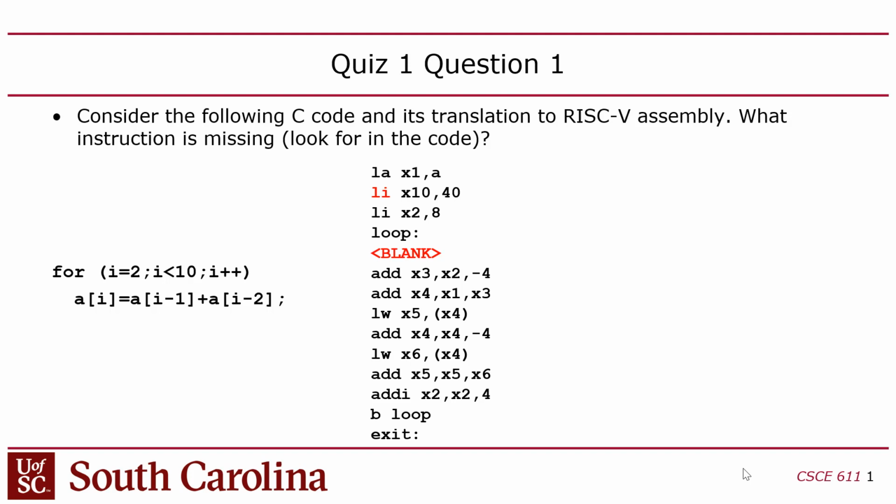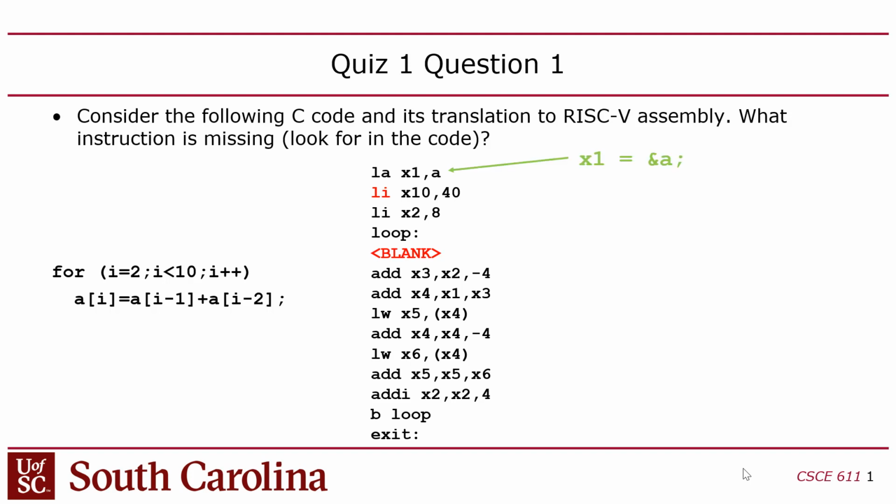Probably the condition we want to check is the condition for exiting the loop, which is the complement of the condition for staying in the loop. Instead of checking whether I is less than 10, we want to check whether I is greater than or equal to 10, and instead of 10 it'll actually be 40, which is stored in x10. So we're doing branch greater than or equal to x2, x10, exit.